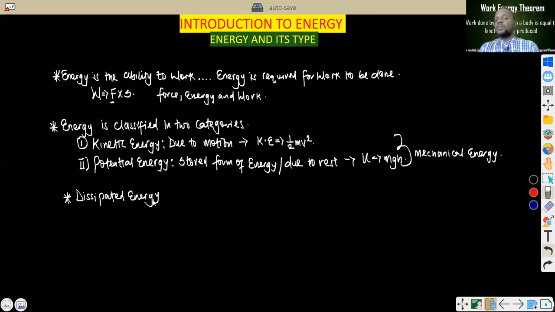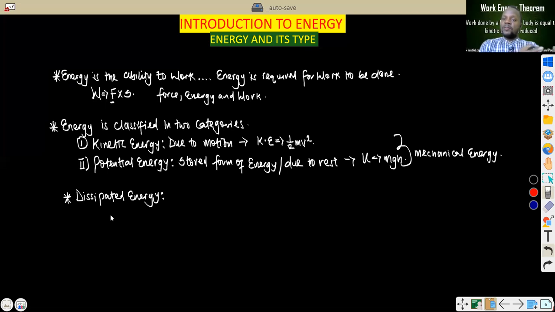When we say dissipated energy, students need to understand this very carefully, because I know most of you understand the law of conservation of energy from junior classes, that energy can be conserved, that is, it can be transferred from one form to another. When we talk about dissipated energy, you might be saying there are other types of energy. Yes, other types of energy are what we classify as dissipated energy.